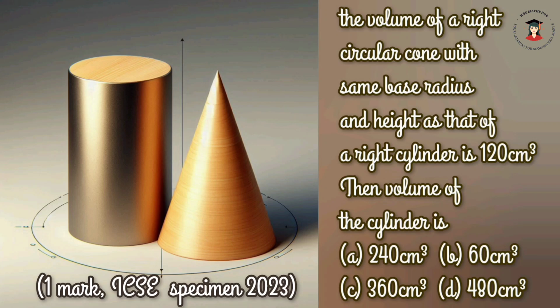The third question. The volume of a right circular cone with the same base radius and height as that of a right circular cylinder. That means the base radius and height of the cone is the same as the base radius and height of a cylinder, which is given as 120 centimeter cube. 120 centimeter cube is the volume of the cone.